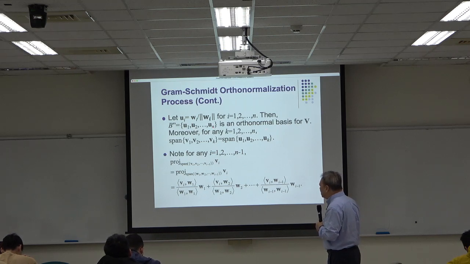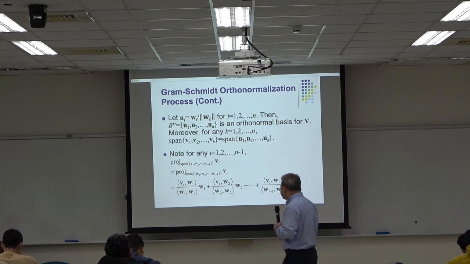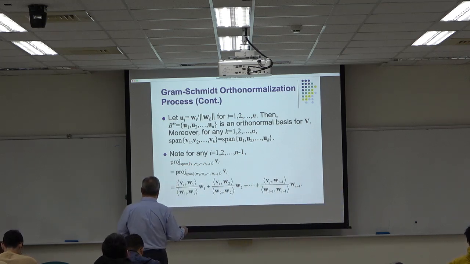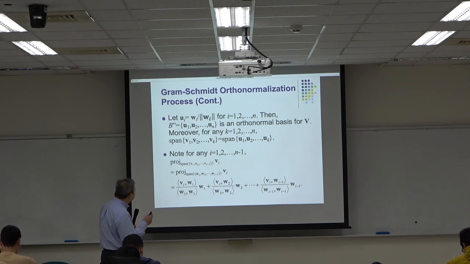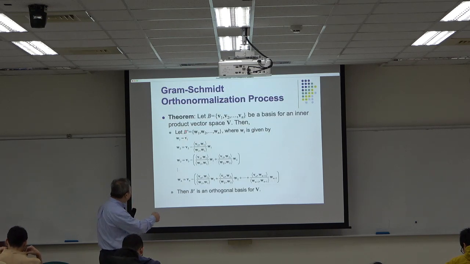And for any i, the projection of Vi onto the space spanned by V1 to Vi minus 1 is exactly the part we are getting rid of in the process.